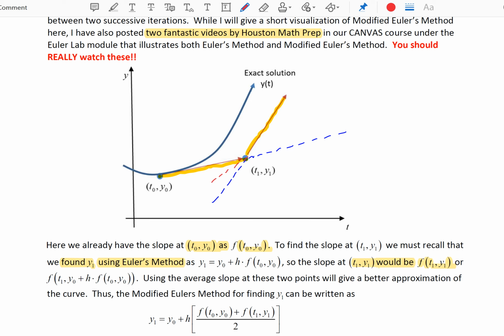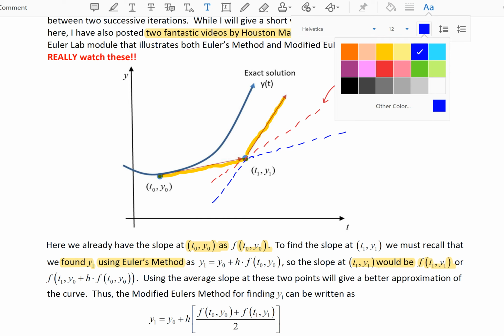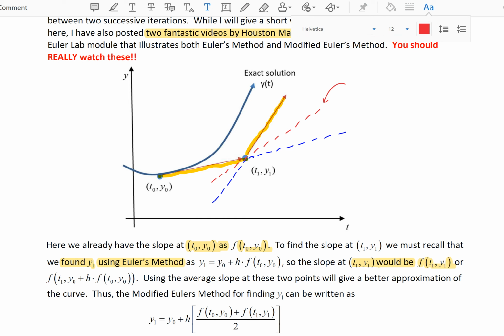So the average of these two slopes would be pretty much in the middle. And what we are going to find is that the average slope will provide a better estimate for y1.